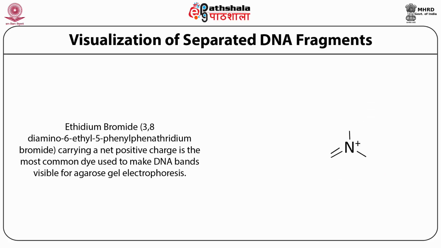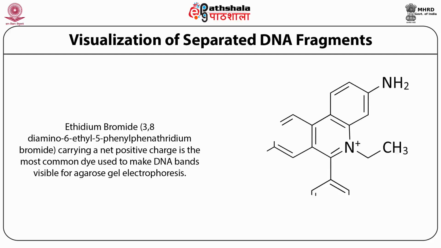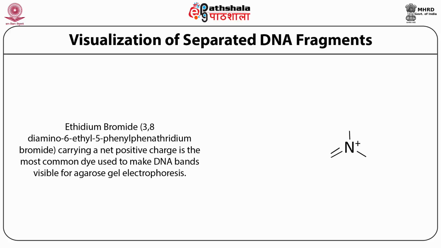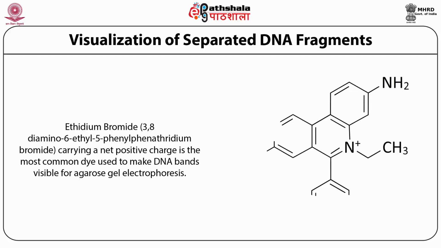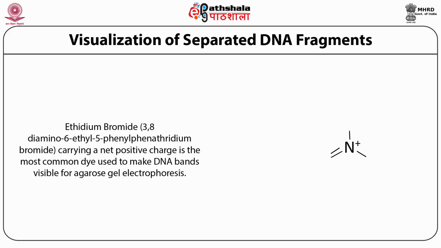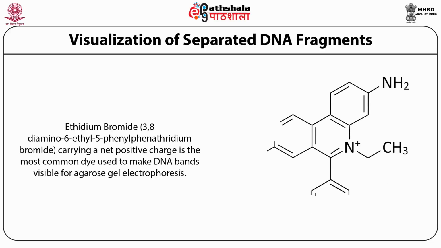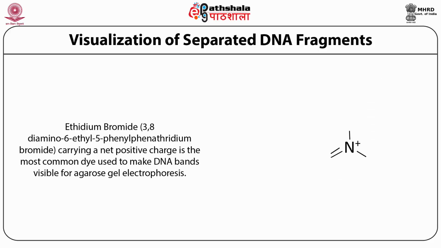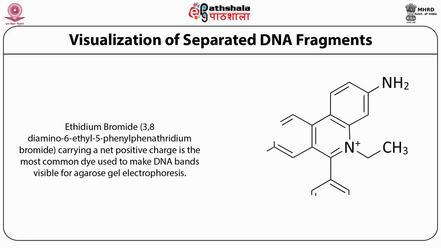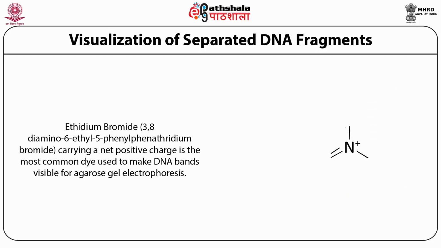As with most fluorescent molecules, ethidium bromide is aromatic in nature and has a core heterocyclic moiety generically known as phenanthridine. It has a planar ring structure and intercalates between the bases in the major groove of the DNA. It offers a sensitivity of up to 0.5 nanogram per band.